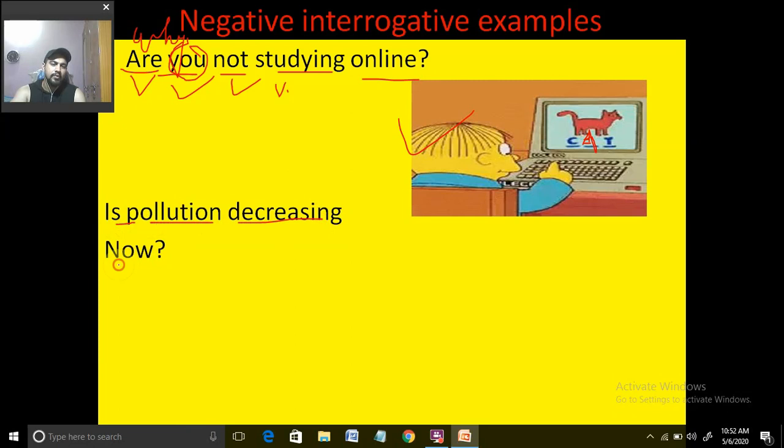Okay, this is also to be seen, that the pollution is getting decreased because we are staying at home. The human beings were actually ill-treating the environment.